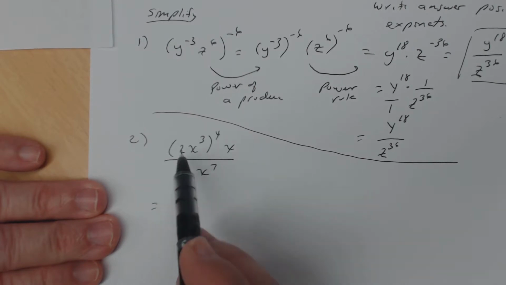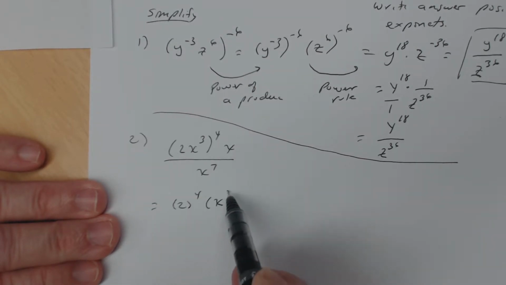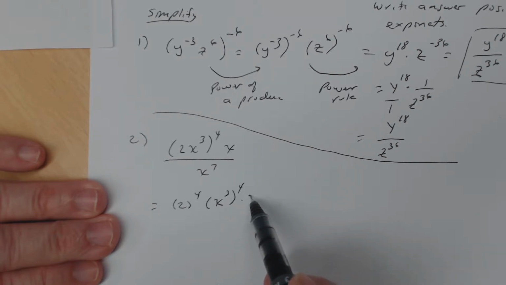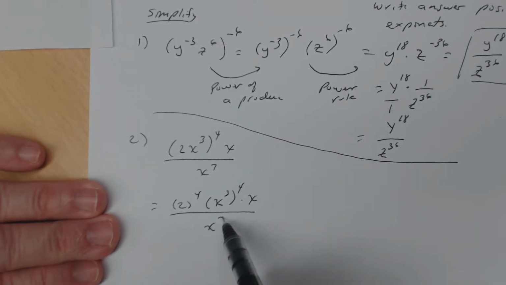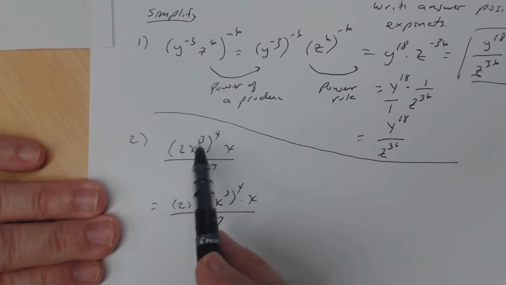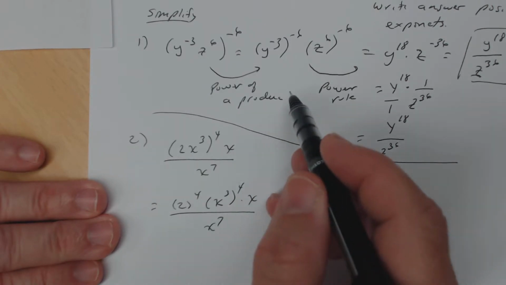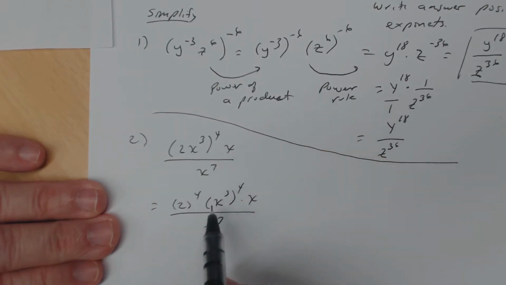So this becomes 2 to the 4th times x cubed to the 4th times x divided by x to the 7th. So all I did was rewrite this using the power of a product, and just rewrite everything else.